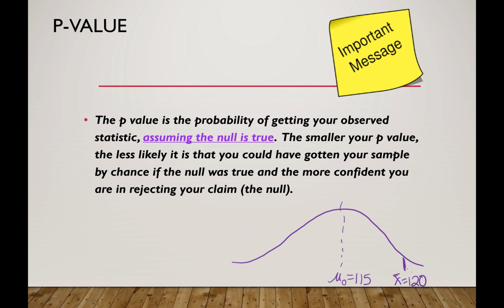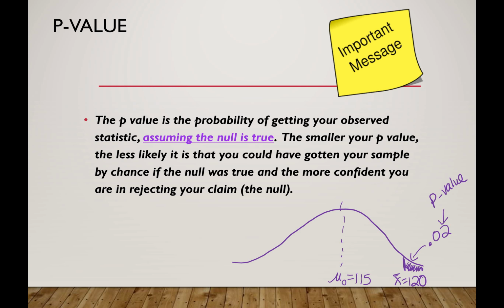what if this gave us a probability that when we did our z-score and our normal CDF, this probability came out to be 0.02. That would be our p-value.